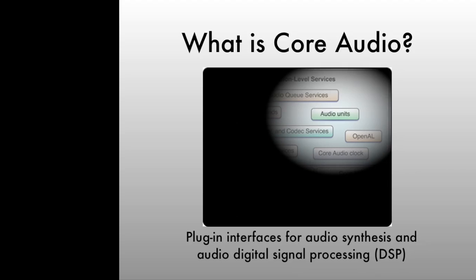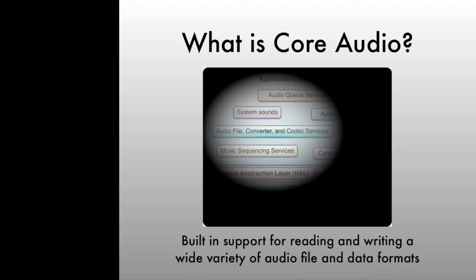Core Audio is very heavily tuned as a plug-in architecture, and also supports digital signal processing at the hardware level. There's also a ton of support for reading and writing a whole bunch of different file formats, not just audio files, but data files, music files, even the AIFF tracks in QuickTime movies, or any audio tracks that are associated with QuickTime movies.